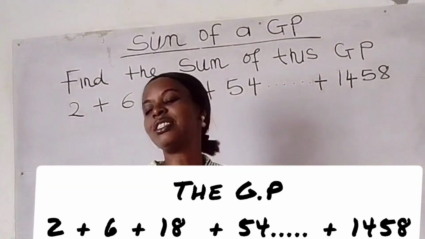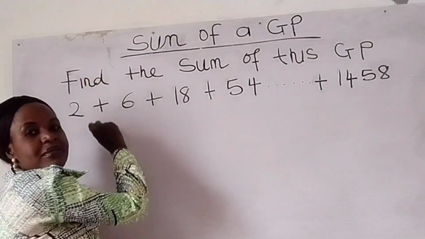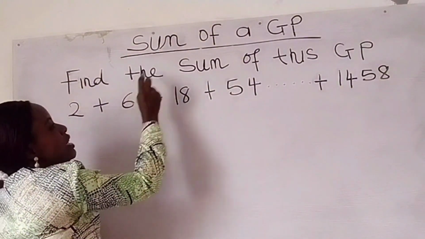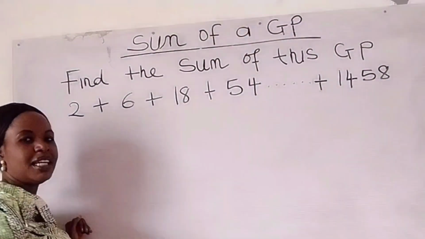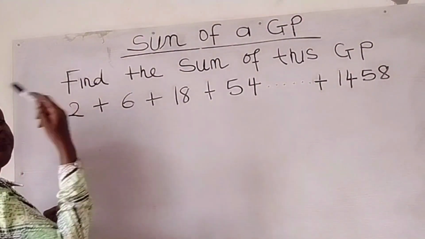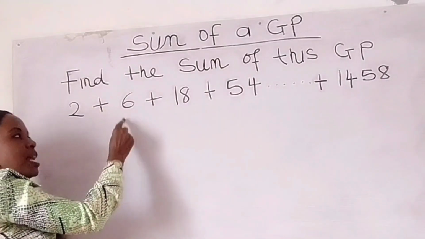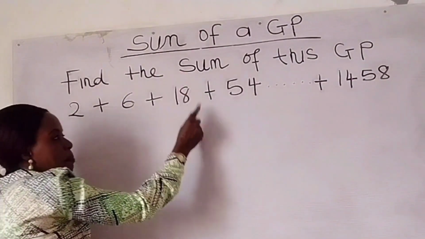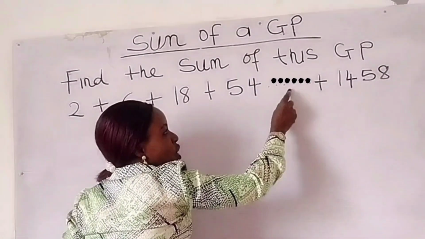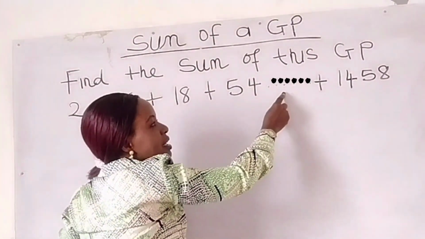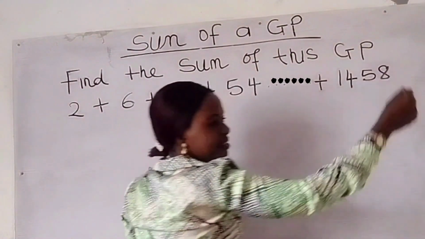Let's do the question first. Find the sum of this GP. The GP is 2 plus 6 plus 18 plus 54, and other terms not given. Finally, the last term is 1458.